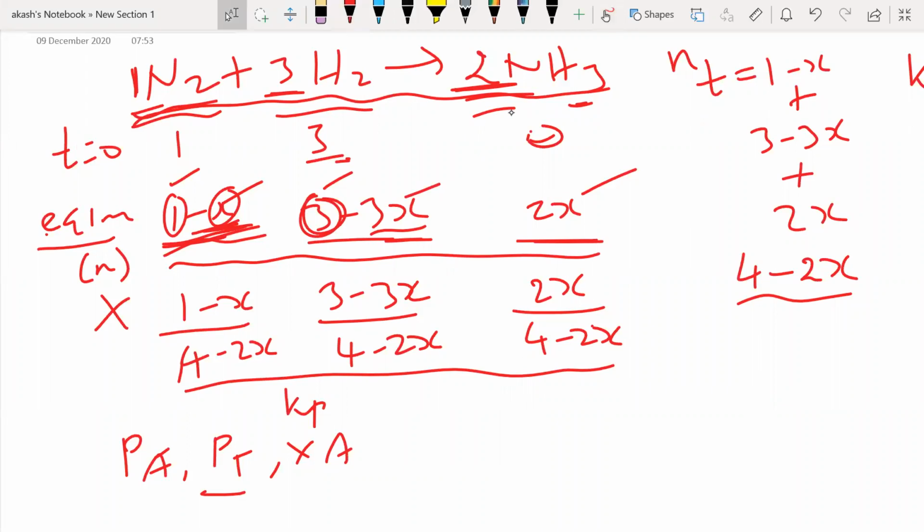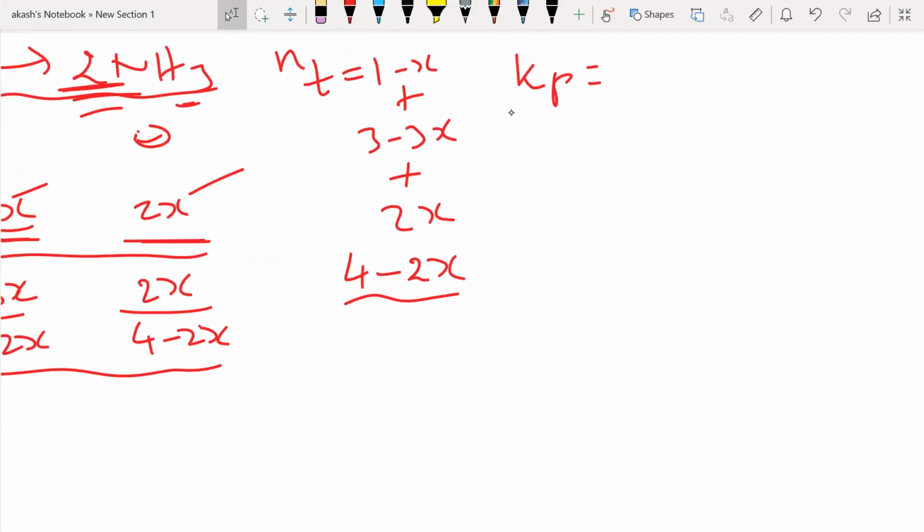Exactly, that's the equation. We'll come back to Kp later, but how do you write partial pressures? PA will be equal to P total into XA.